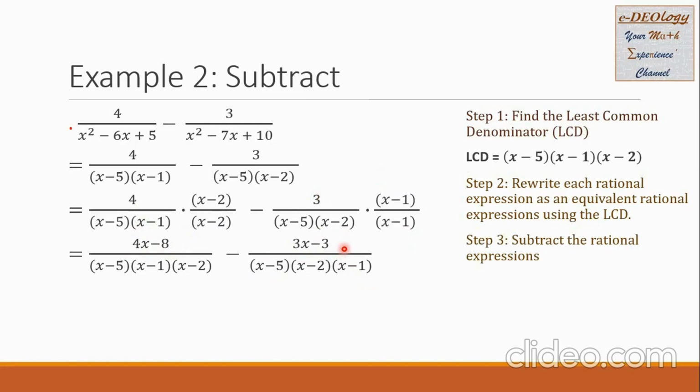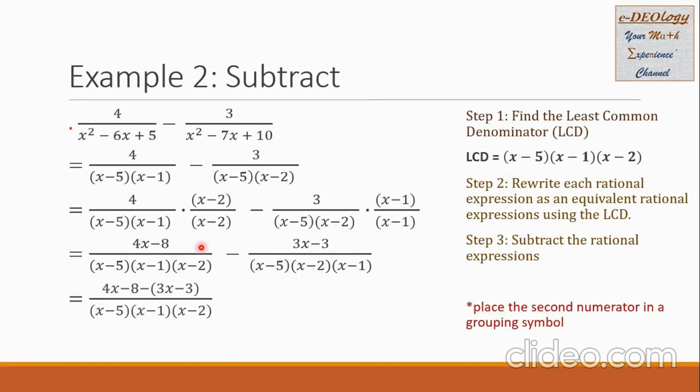Let us have the step 3 to subtract the rational expressions. We have now here two rational expressions with common denominators. So we can now operate on our numerators, put them together. So 4x minus 8 is here, and then minus the second numerator, the 3x minus 3.